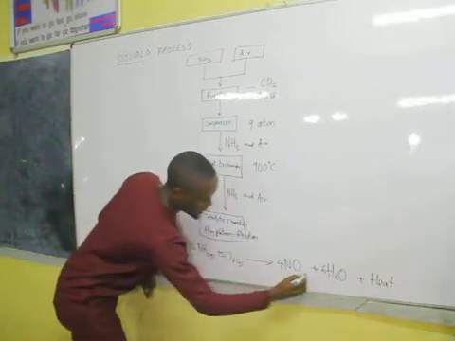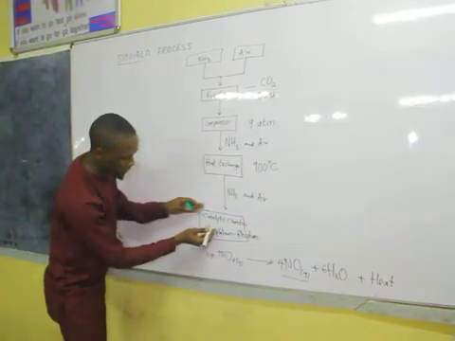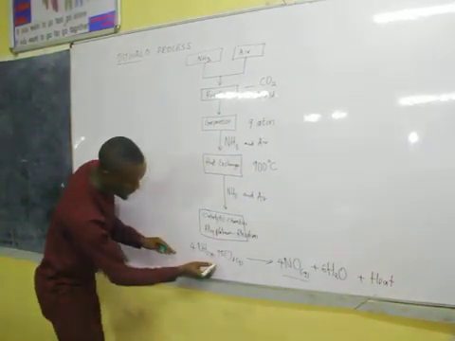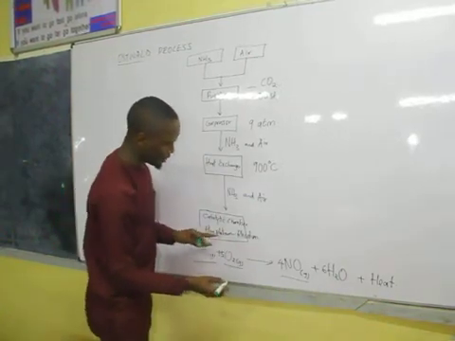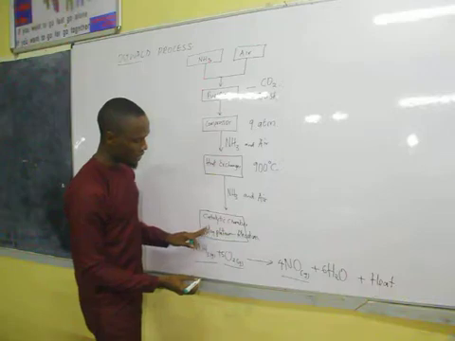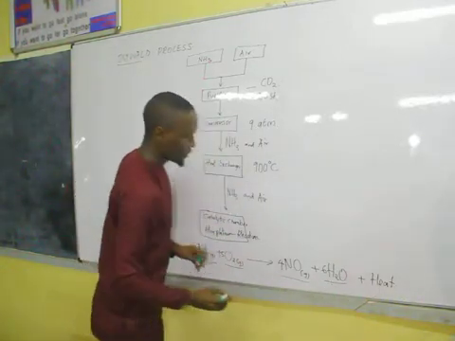So this one is nitrogen 2 oxide gas formed in this chamber after ammonia reacts with oxygen gas in presence of the platinum rhodium alloy, which is the catalyst, and water is also formed.